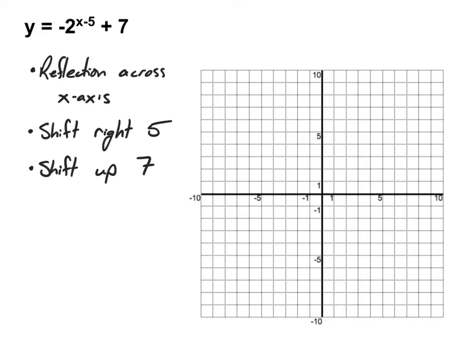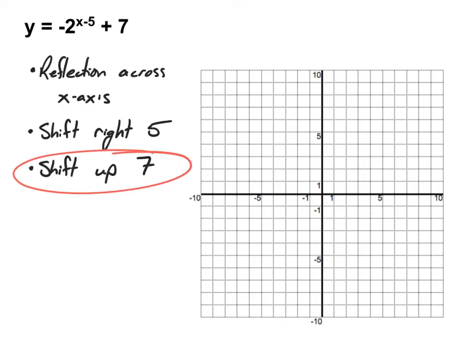All right, so now seeing that, in order to make our exponential graph, the very first thing that I would suggest you do is draw in the asymptote. Now, the asymptote, remember, is a horizontal line. The only way we can move a horizontal line is if it moves up and down, because moving a horizontal line left and right leaves it in the same place. So the up-down movement is what we're particularly worried about at the moment.